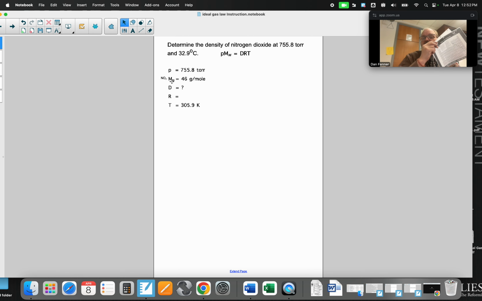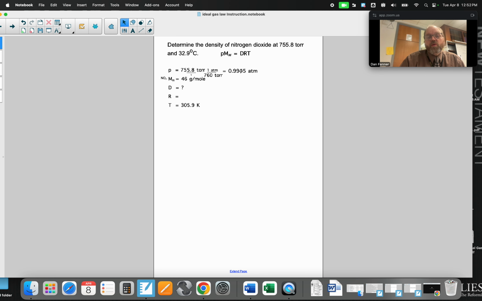Nitrogen, periodic chart, 14, oxygen, 16 times 2, 32, 32 and 14, 46. We're going to have unknown density, and my 305 because I take 32.9 plus 273. Now I do need to convert that torr into either atmospheres or kilopascals. Let's do atmospheres because it's easier. So divide by 760. I have 4 sig figs. Use your calculator. You should get 0.9945 atmospheres.